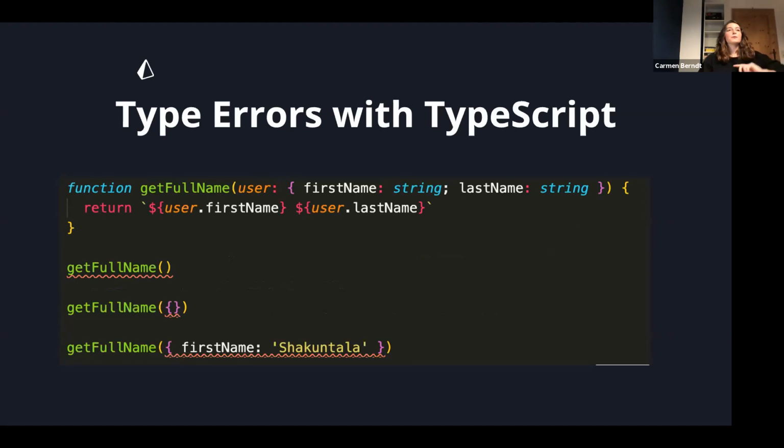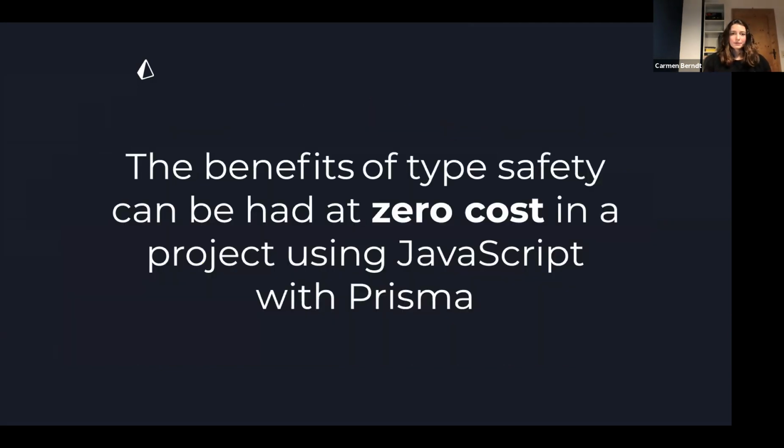Whereas if you're working with TypeScript, you can catch errors ahead of time. You get these red squiggly lines making you aware that there are some errors in your code. And Prisma gives you the benefits of type safety at zero cost when you're using JavaScript.